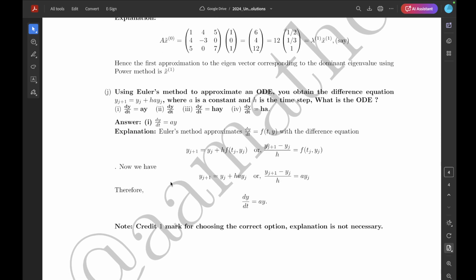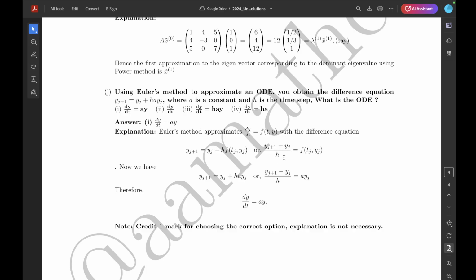Because we know Euler's method approximates dy/dt equal to f(t, y), with the corresponding difference equation y(j+1) equal to y_j plus h into f(t_j, y_j), or we can write (y(j+1) minus y_j) divided by h equal to f(t_j, y_j).